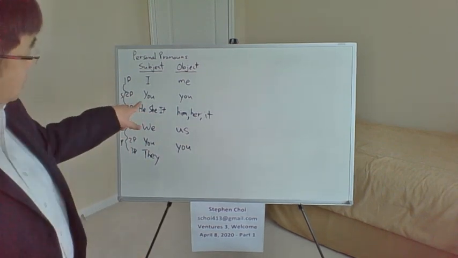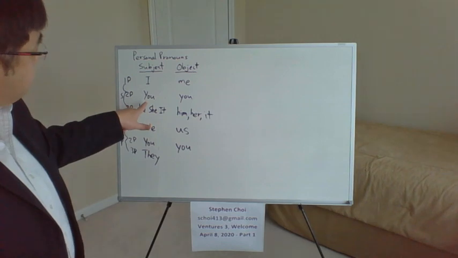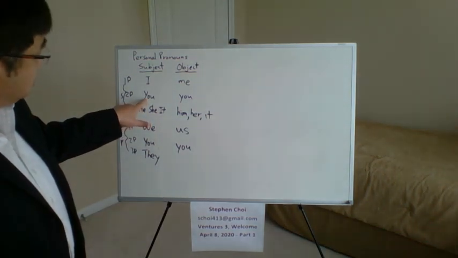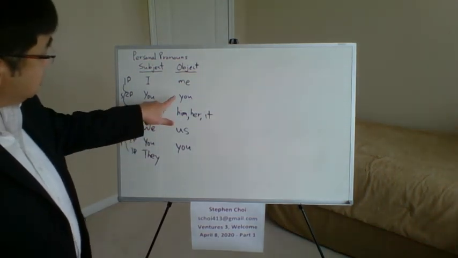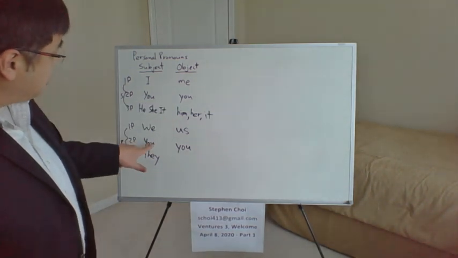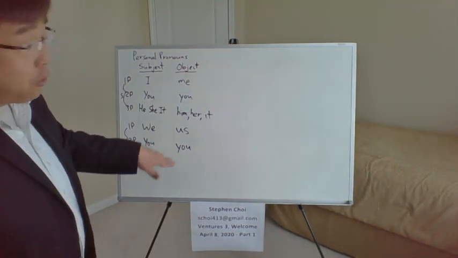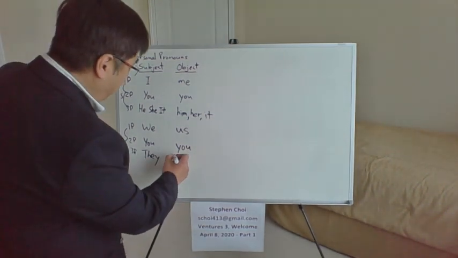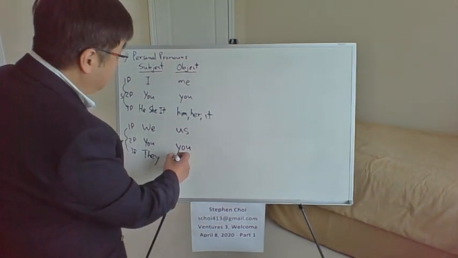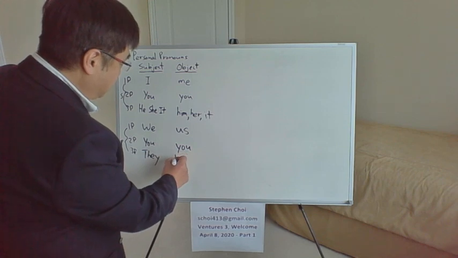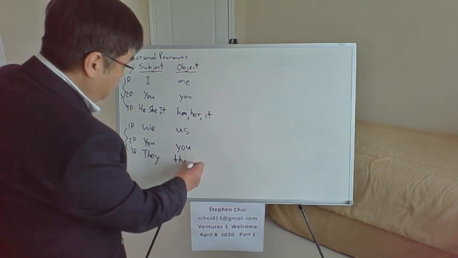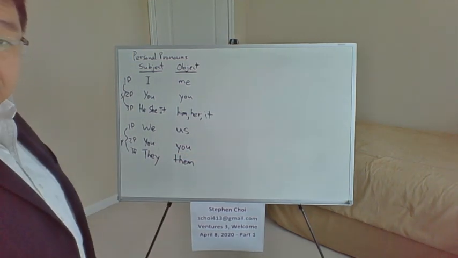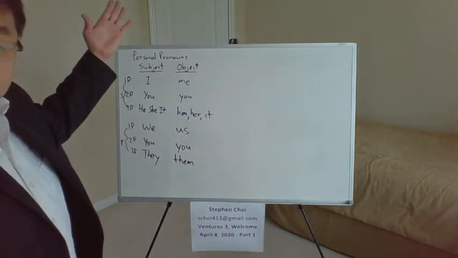So you can see you is all the same. You singular, you plural, you subject, you object. All four are you. And then third person plural object is, that's right, them. Very simple.